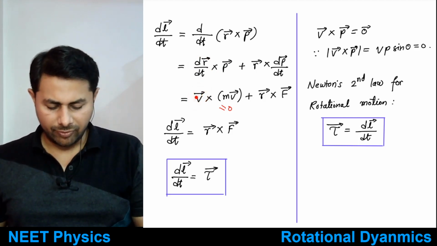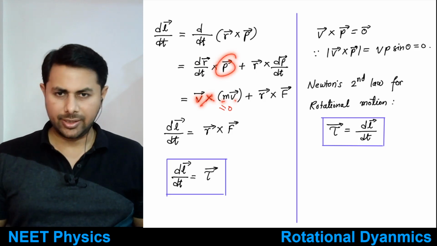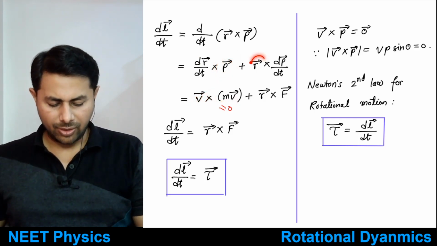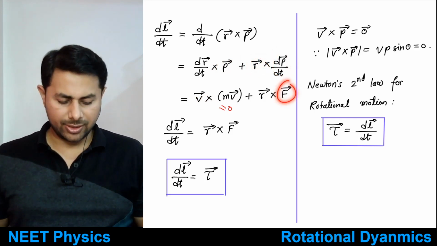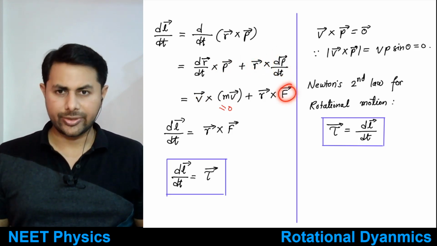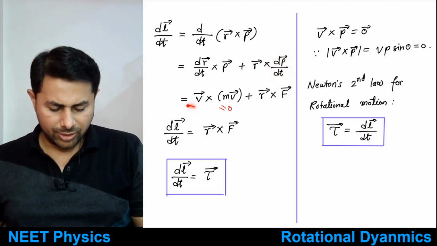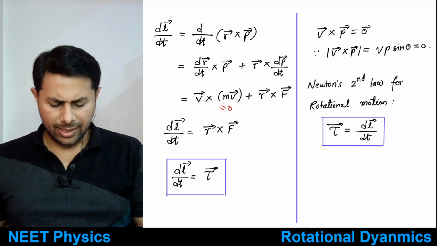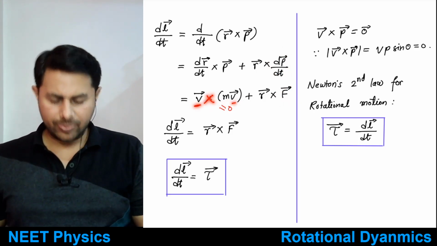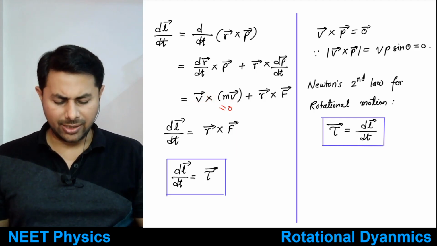So then you have velocity cross momentum, which is mass times velocity, plus r bar cross dp bar by dt. Using Newton's second law, dp bar by dt is force. So you have the first term v bar cross m times v bar, and the cross product of a vector with itself is equal to 0.